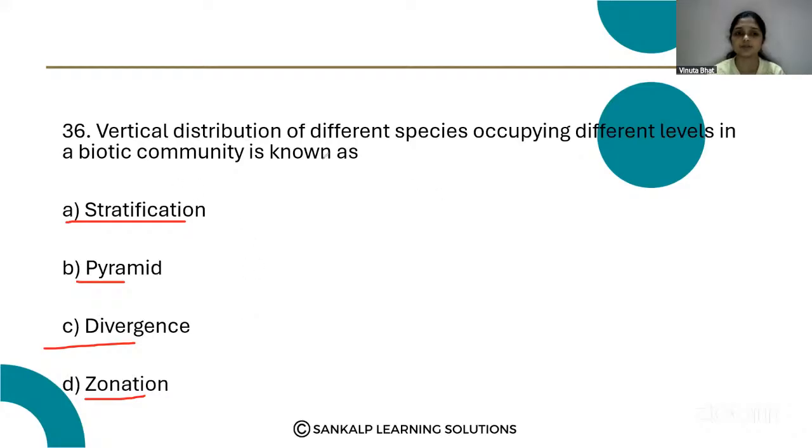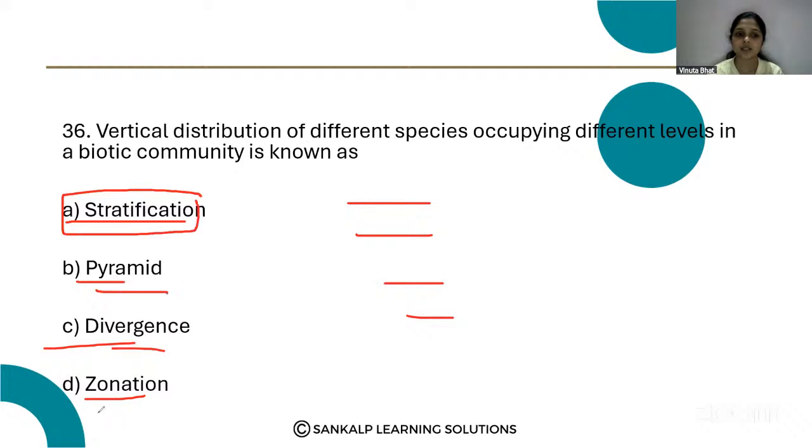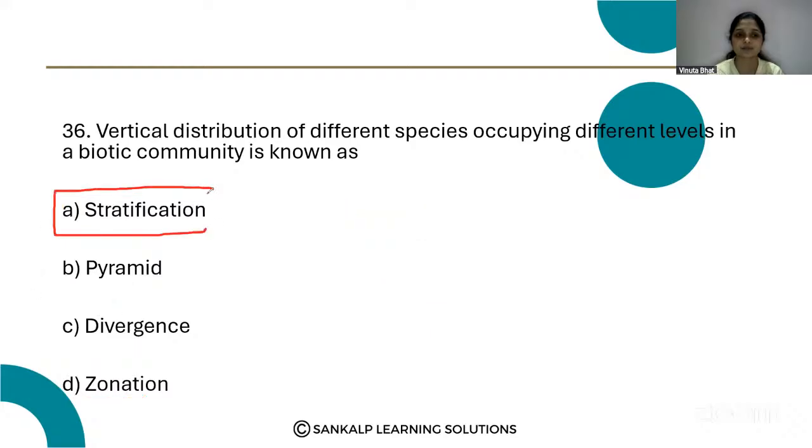So the vertical distribution of the different species occupying the different levels is called stratification, not pyramid, divergence, or zonation. Option A, stratification, is the correct answer. Note down the question.